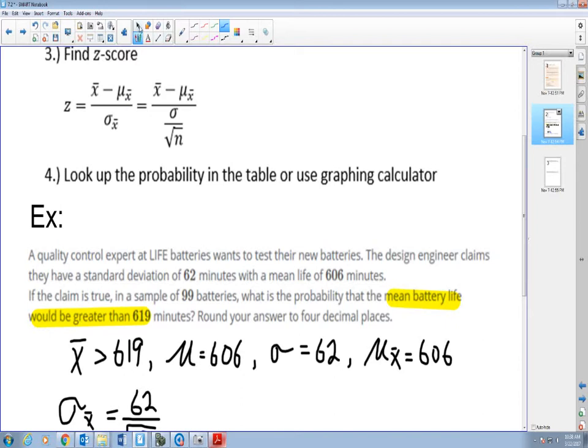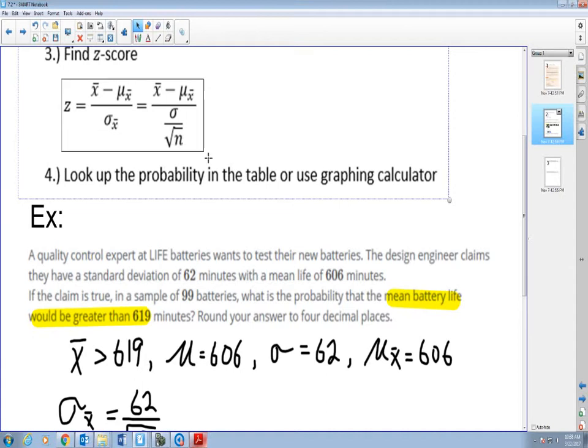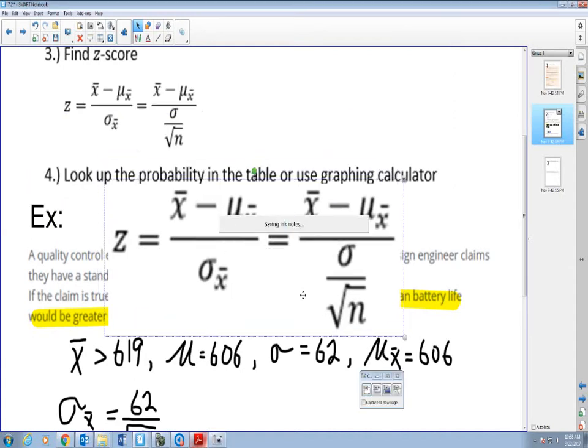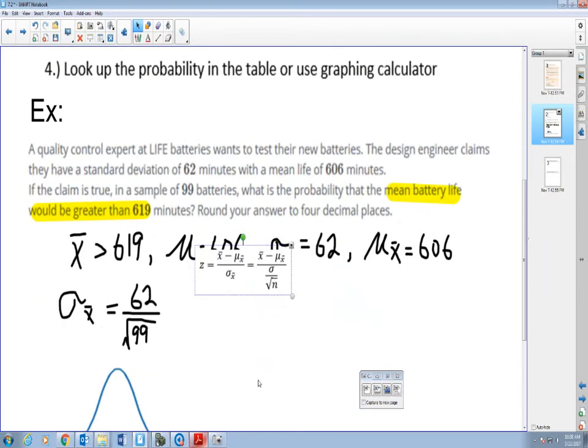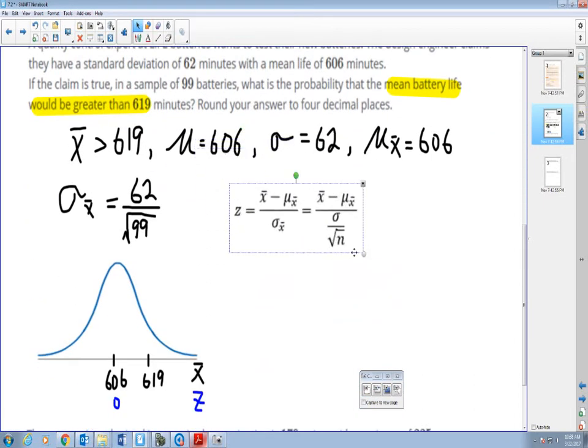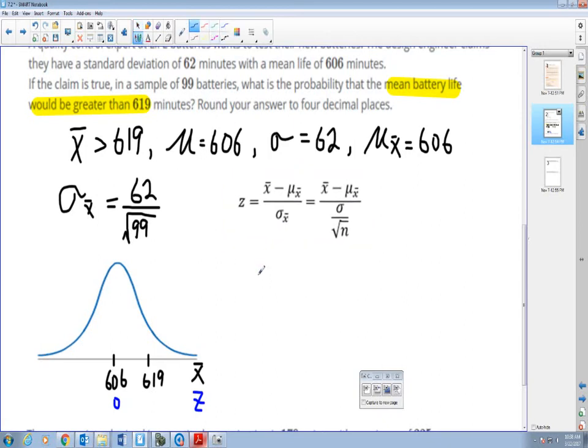So this is my formula. This z-score is going to be X bar, what I'm trying to convert, 619, minus the mean of the distribution, 606, divided by the standard deviation, which is 62 over the square root of 99.